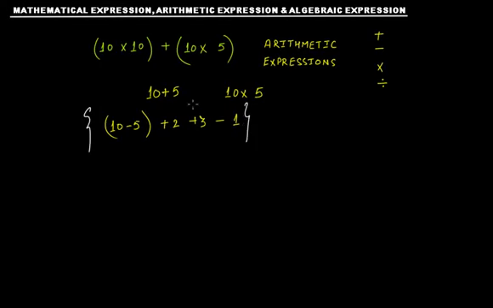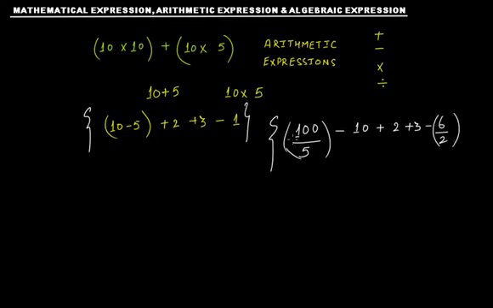It only has numbers, no variables, and it has minus, plus, plus, minus, that is, out of these arithmetic operation symbols. Even I can write it like 100 divided by 5, then minus 10 plus 2 plus 3 minus 6 divided by 2.